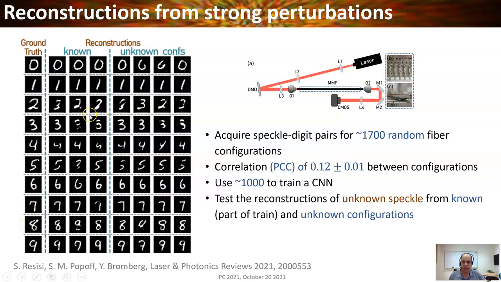Moreover, we can see a strong resemblance between the quality of the reconstructions we get from unknown configurations, that is, configurations that were not seen by the network, and from known configurations that were used by the network. So we can see that our model is robust against random mechanical perturbations applied with the piezos. This is the first time, to our knowledge, that bend resilience is being demonstrated to such an extent, and we are quite excited about it.